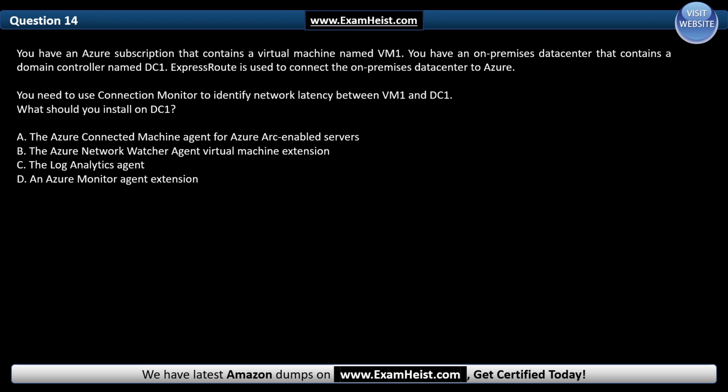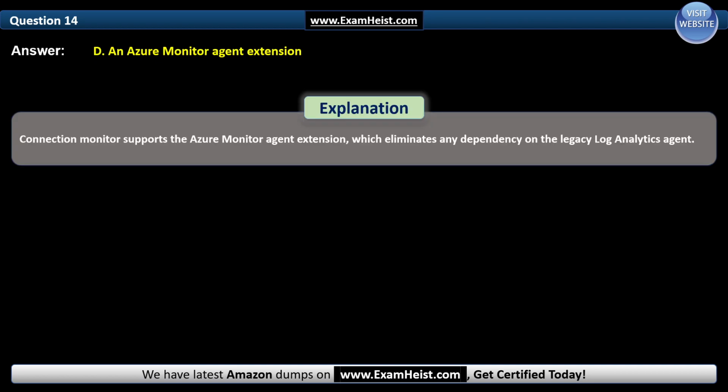What should you install on DC1? The correct option is D, an Azure Monitor agent extension. Connection Monitor supports the Azure Monitor agent extension, which eliminates any dependency on the legacy log analytics agent.